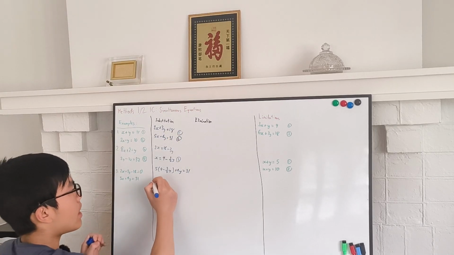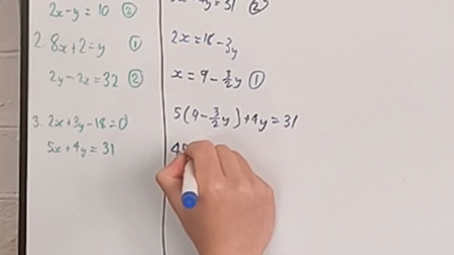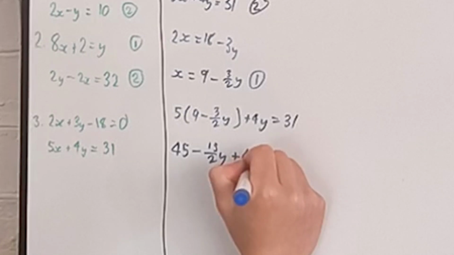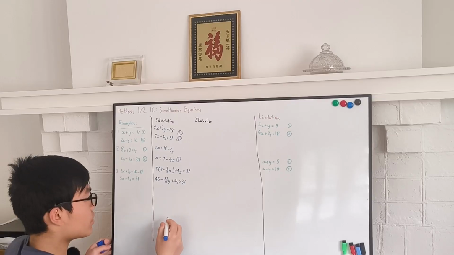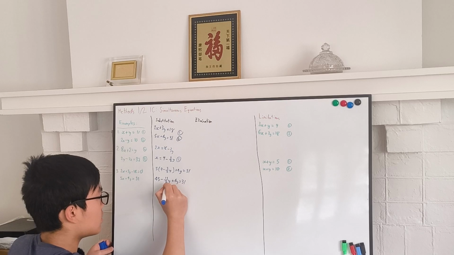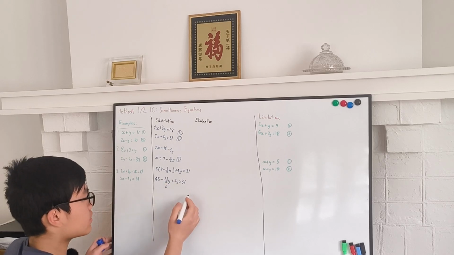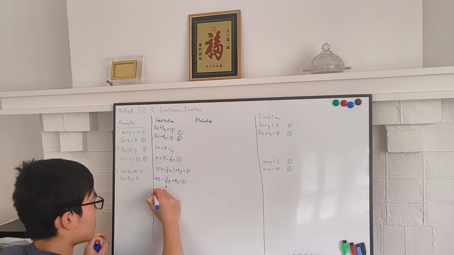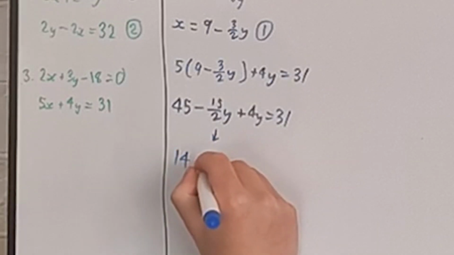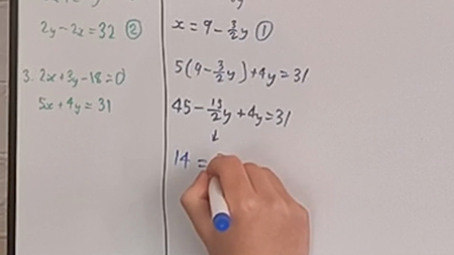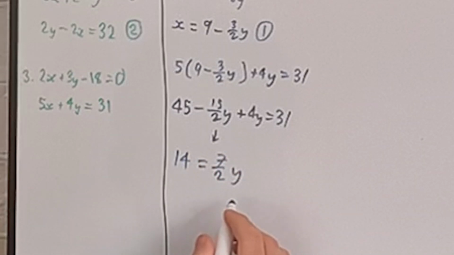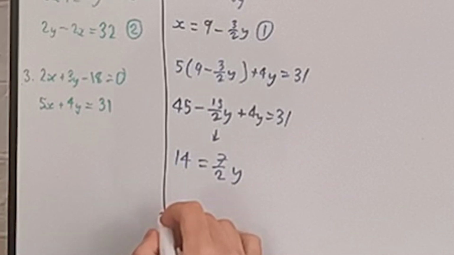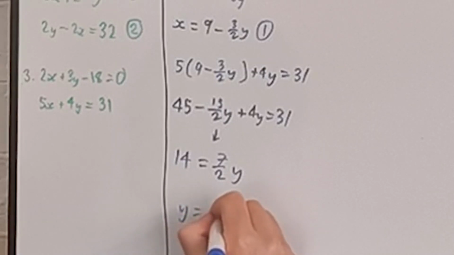So that becomes 45 minus 15 over 2y plus 4y equals 31. We rearrange everything. That's 7.5, okay, that's all right. So once we get to here, 45, that becomes 14 equals 7 over 2y, and 14 divided by 7 over 2 is 4. So y equals 4.